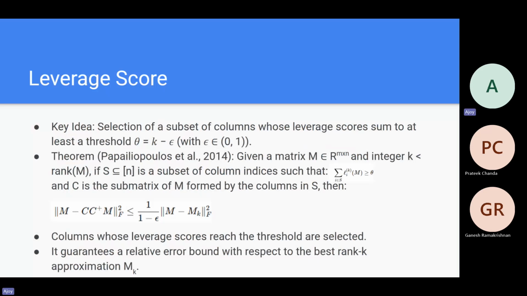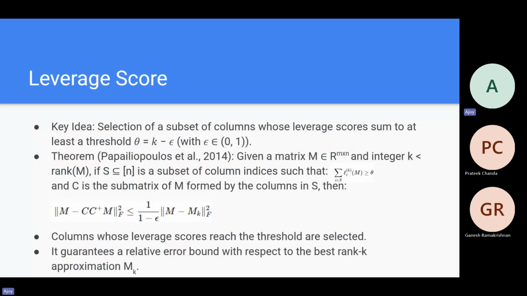What is the idea behind the leverage score? We are trying to insert a threshold here. We insert a threshold theta, and a tolerance epsilon is taken, which is between 0 and 1. There is also a theorem defined.